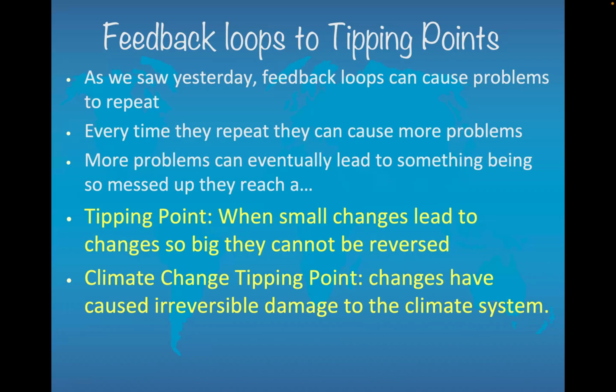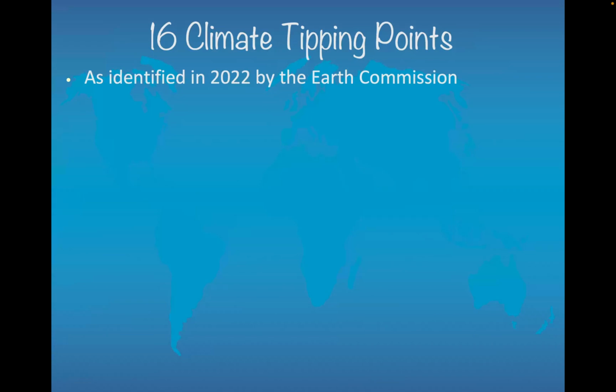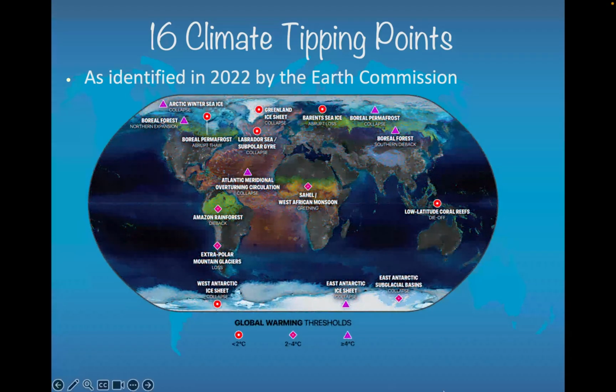So tipping points. In 2022, the Earth Commission, which is an organization that studies the health of our Earth and things they're noticing, identified 16 critical climate tipping points for our Earth. You can see that the ones that are a red circle are things we are likely to see happening if global warming rises to 2 degrees Celsius or less.